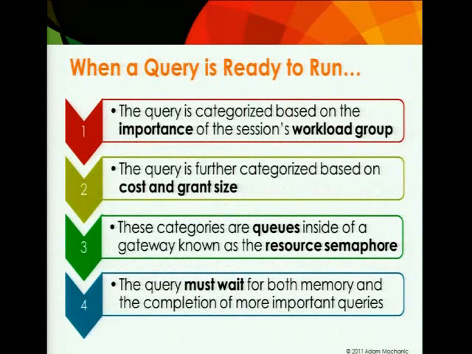So once the optimizer has done its job, it's time for the query to run. And a few different things happen at this point. First of all, the query is categorized based on its importance in the resource governor workload group that is running it. And you might be saying to yourself, well, I haven't created any workload groups, so therefore that doesn't apply to me. Untrue.